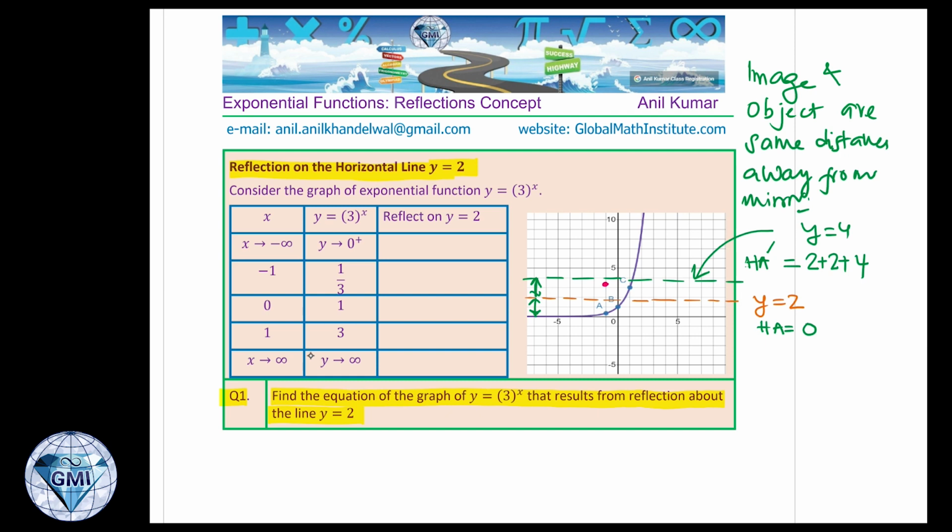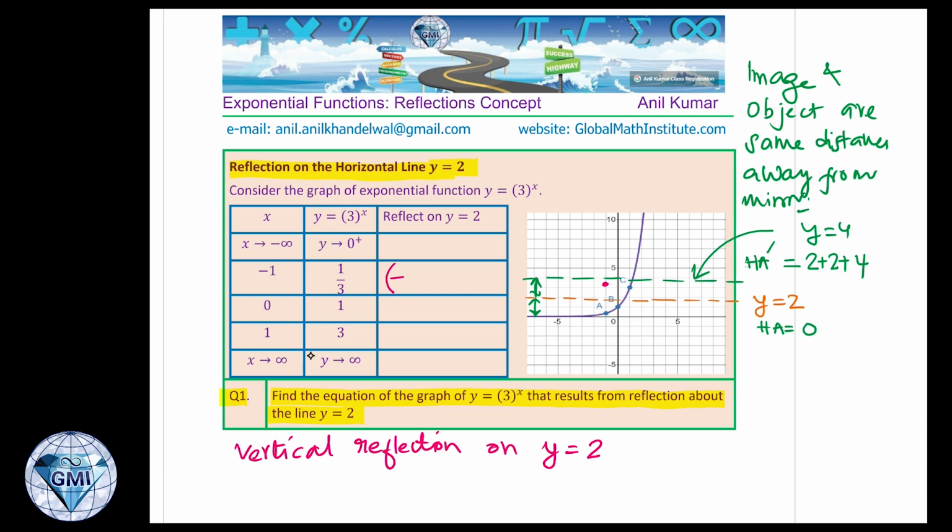So as far as the point A is concerned, let me rewrite this. The x value is going to be the same, right? Since it is a vertical reflection, right? So we're looking for vertical reflection on y equals 2, right? So that is what we are trying to do.